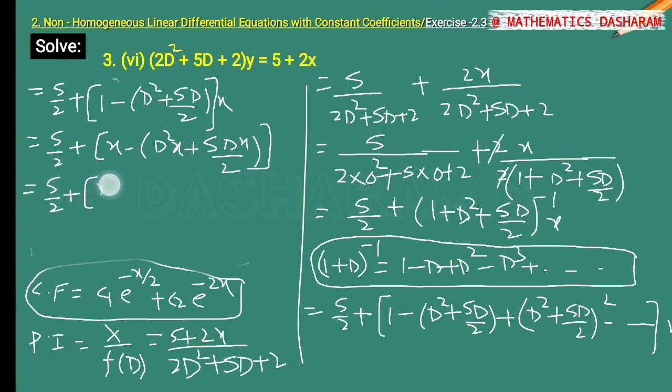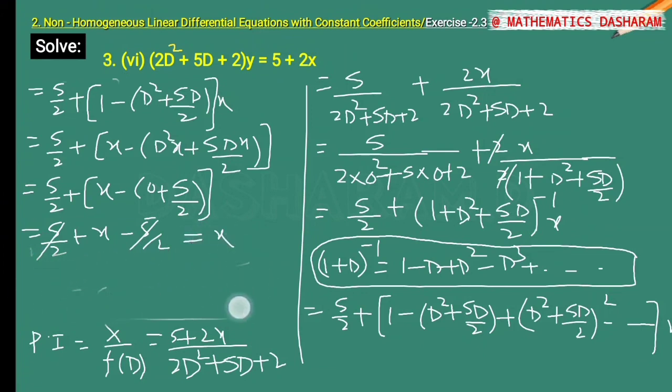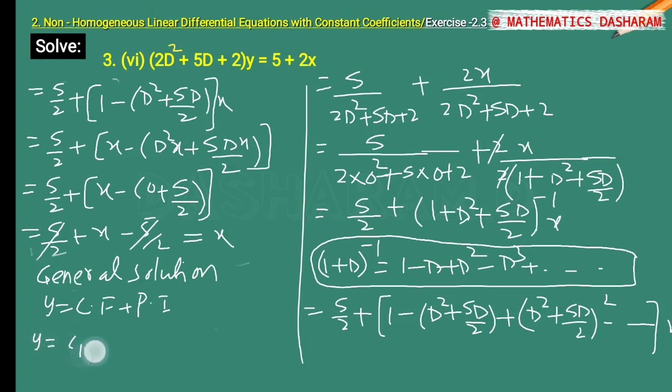So 5 by 2 plus x minus, here 0 because the second derivative of x is 0, and here 5 into 1 by 2. So it is equal to 5 by 2 plus x minus 5 by 2. Both are cancelled. So the particular integral is x. So y equals c1 into e to the power of minus x by 2 plus c2 into e to the power of minus 2x, and the particular integral is x, is our answer.